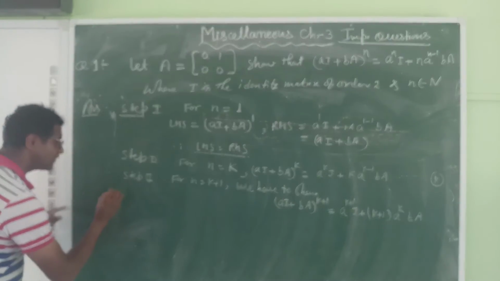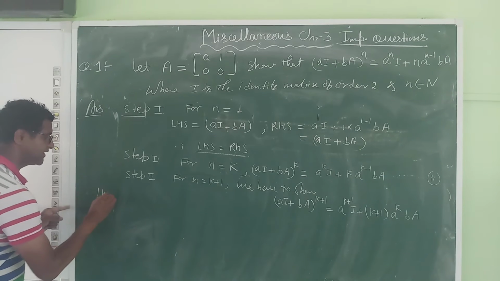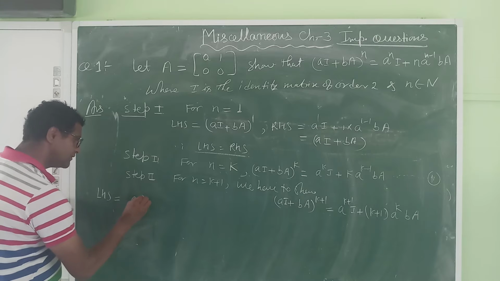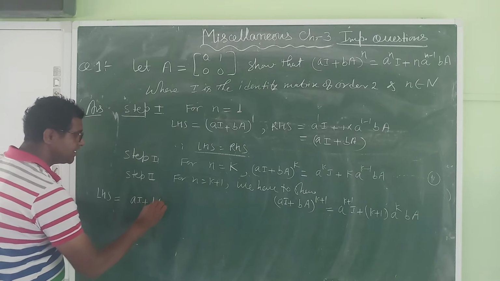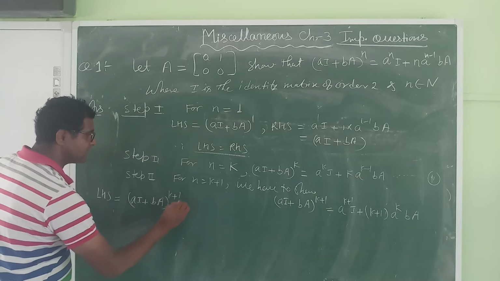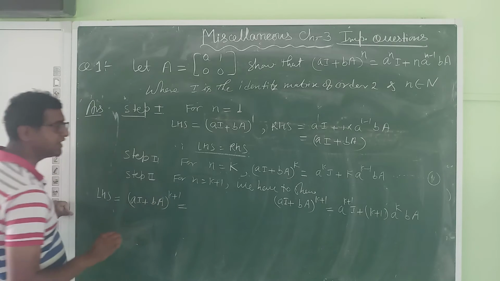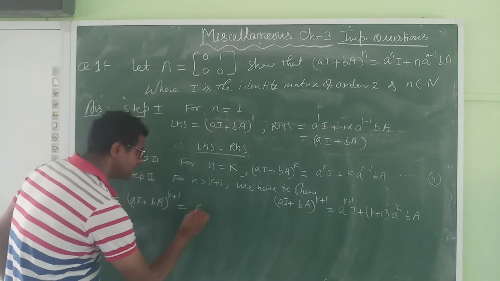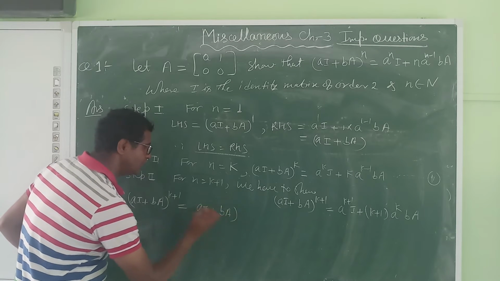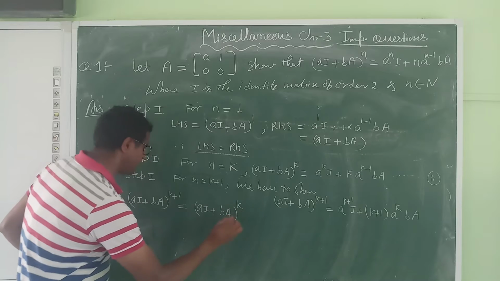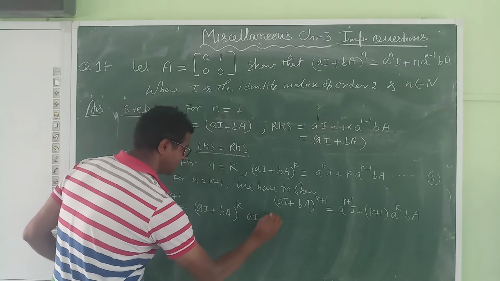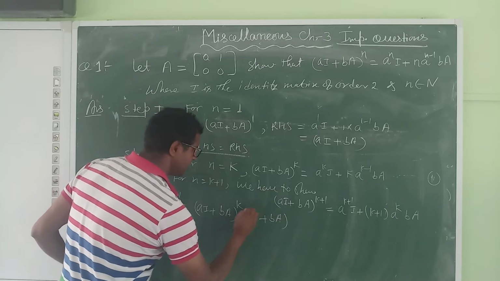Okay, start from the left hand side. LHS equals (aI + bA) whole power k plus 1. You split it by the law of exponent: (aI + bA) whole power k into (aI + bA).